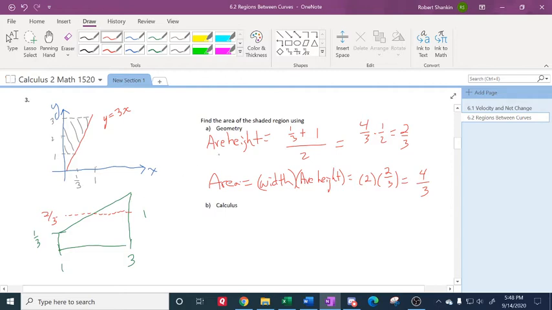Now we are asked to do it again with calculus, and when we do it with calculus, we run into a difficulty. Calculus will give us the area underneath this curve, and it would only give us this area here.